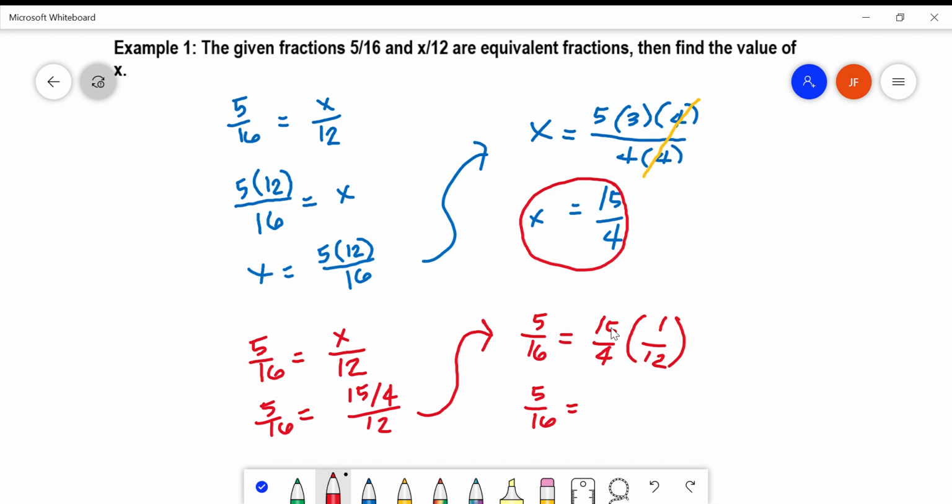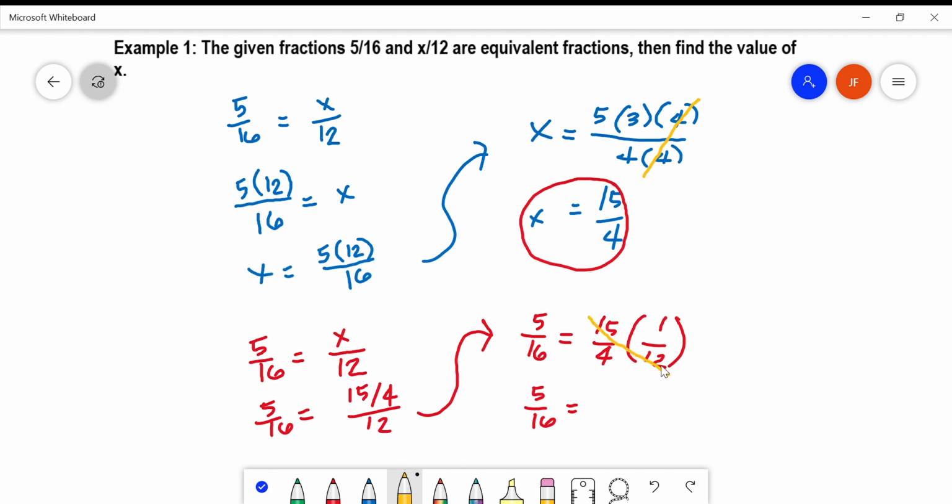Okay, but before that, we can simplify this. We can cancel before multiplying 4 by 12, because we see that 15 and 12 have a common factor. Both of them have a greatest common factor of 3. Okay, I hope you see that. So we are going to cancel before multiplying. Why? Because it will help us to lighten the burden of computation.